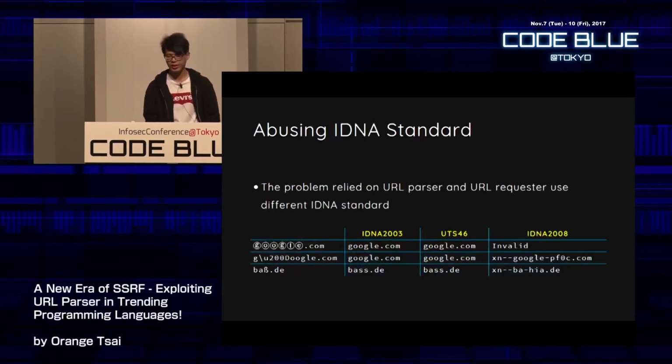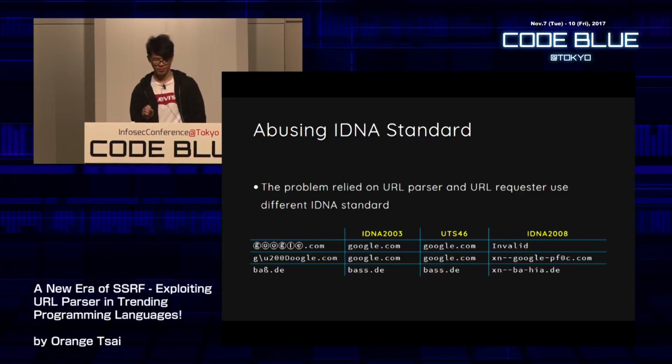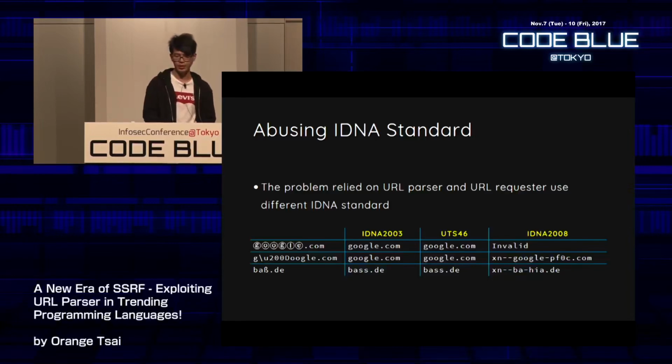The next attack vector is about the IDNA standard. IDNA defines the standard of Unicode in the domain name system. There are two primary versions of IDNA, 2003 and 2008. But IDNA 2008 is too strict, so most of the parsers follow IDNA 2003 with UTS-46 transition.